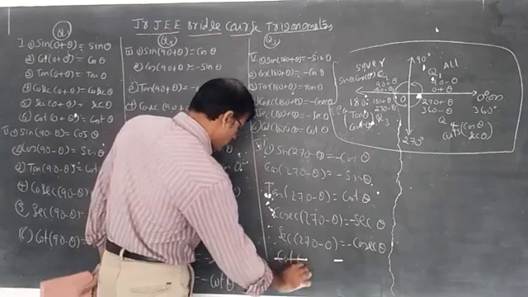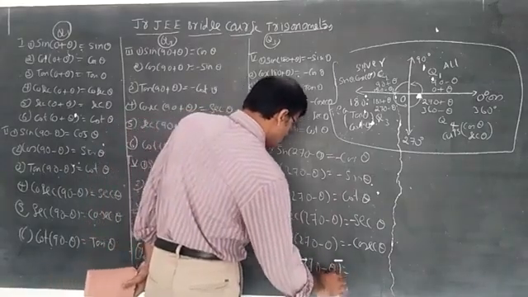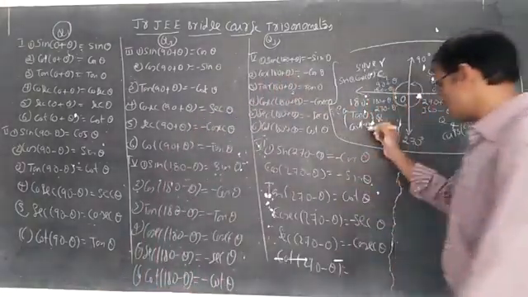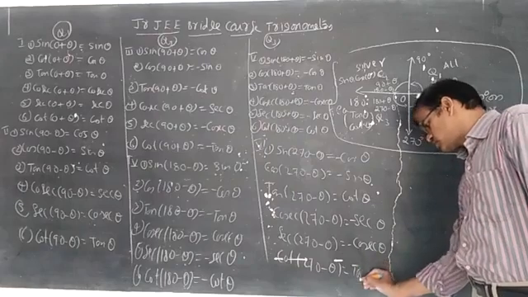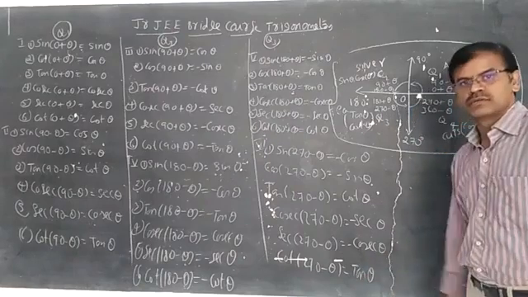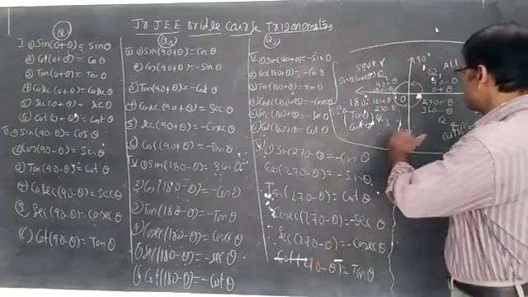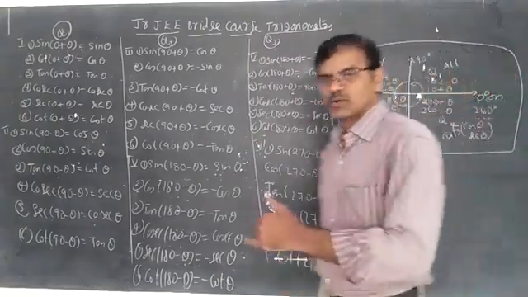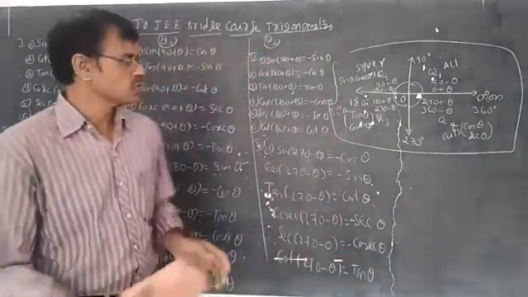Next, cot of 270 minus theta. This is the third quadrant, where tan and cot are positive, so the value is positive, tan theta. Now until 270 minus theta we have discussed. Now we can discuss the 270 plus theta concept also.